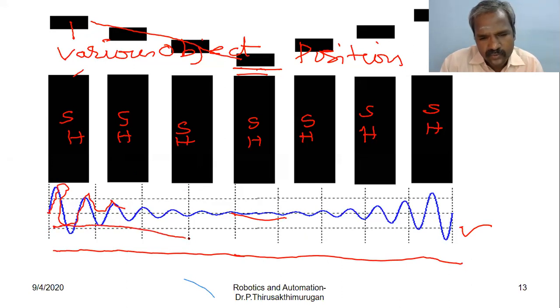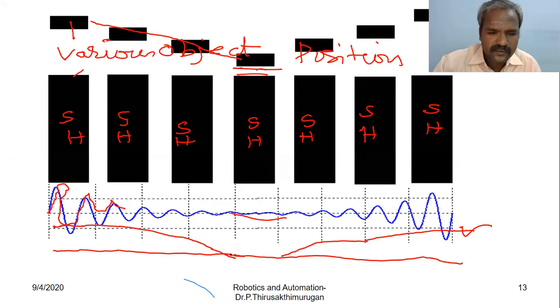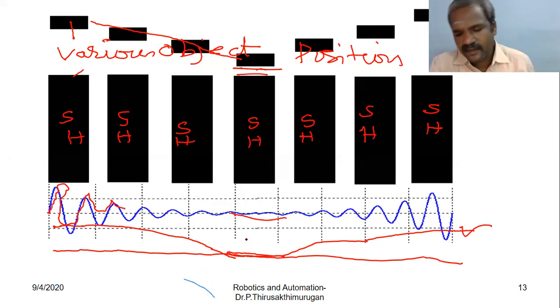This is the demodulator output, almost 0 volt when the object is in very close proximity to the sensor head. This is the depiction.